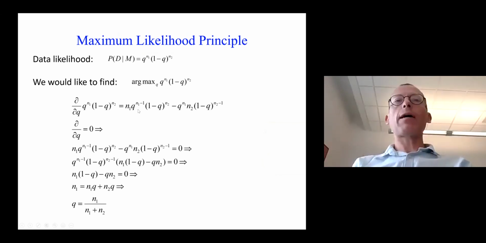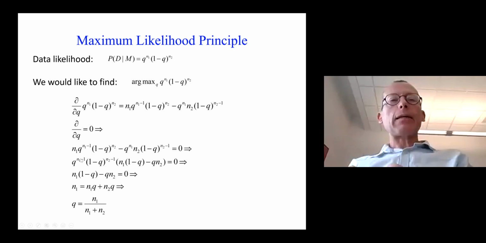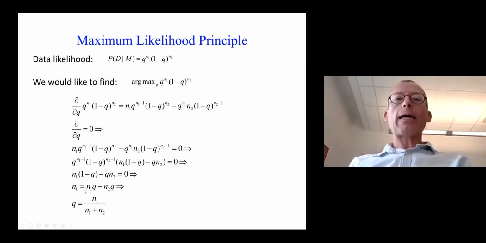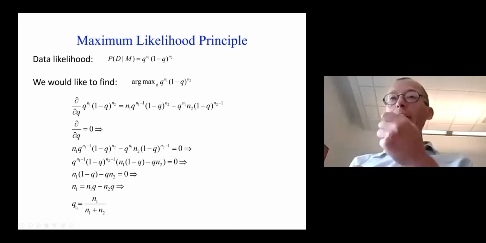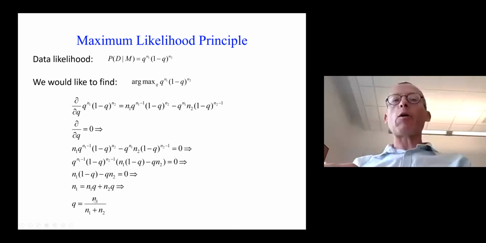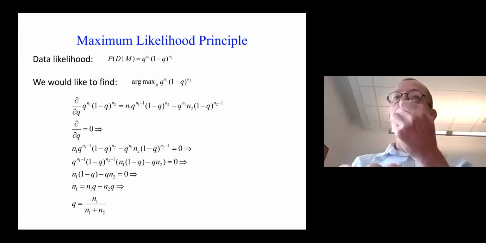This is something you can look at, and you can go through the simple math after the lecture. But the bottom line is that at the end, we end up with N1 equals N1Q plus N2Q. Basically, Q equals N1 over N1 plus N2. What does it mean? It means that the probability of heads is the number of times we saw heads divided by the total number of observations. Exactly what we said before, but now coming from the maximum likelihood estimation principle.